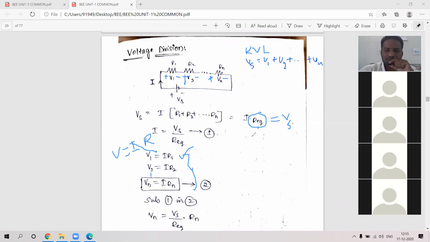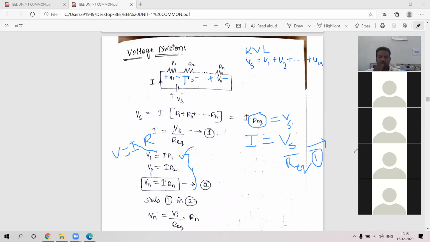From this I can write current I is equal to Vs by R equivalent. So this will be equation number 1.